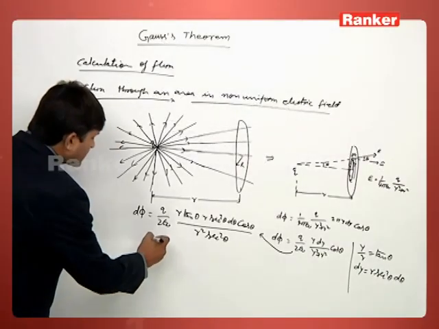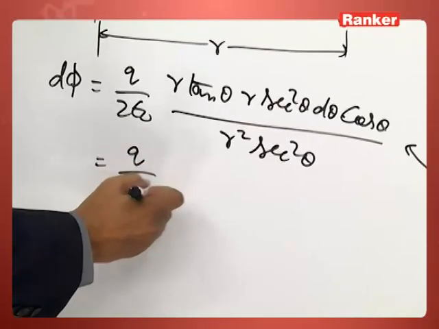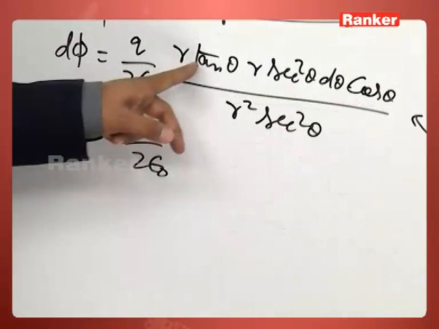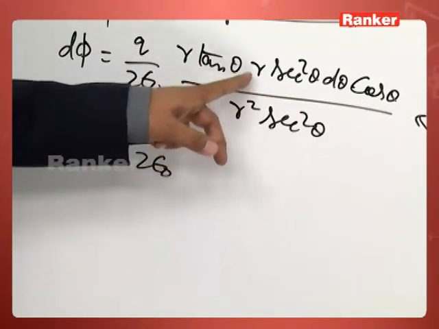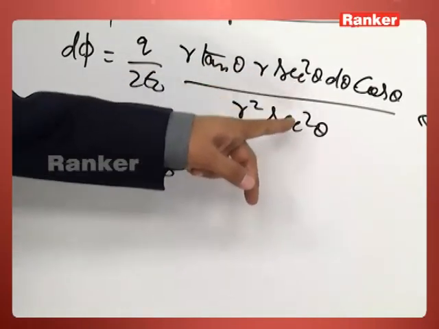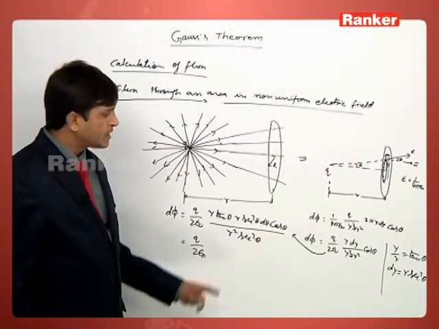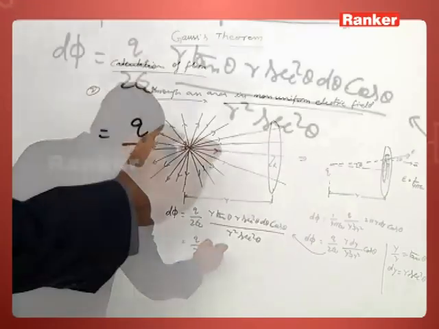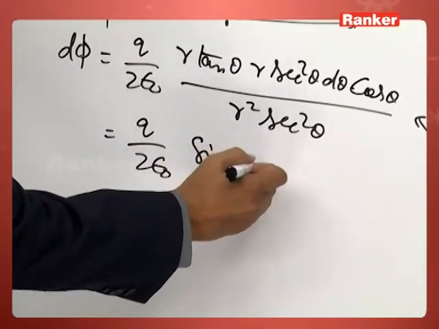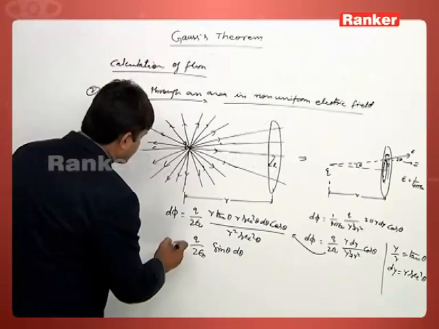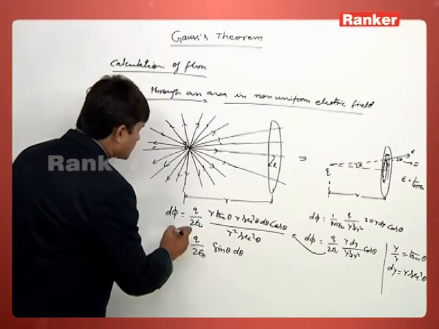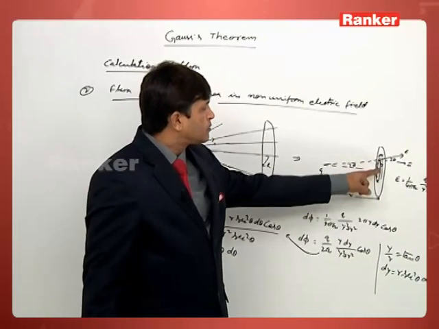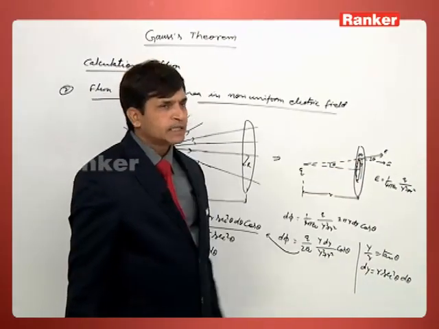Now further we can simplify q by 2 epsilon naught. From here r into r square, and this r square cancels, sec square theta cancels, tan theta into cos theta will be sin theta. So this becomes sin theta into d theta. This is the flux through that small element, a small ring of radius y, thickness dy.